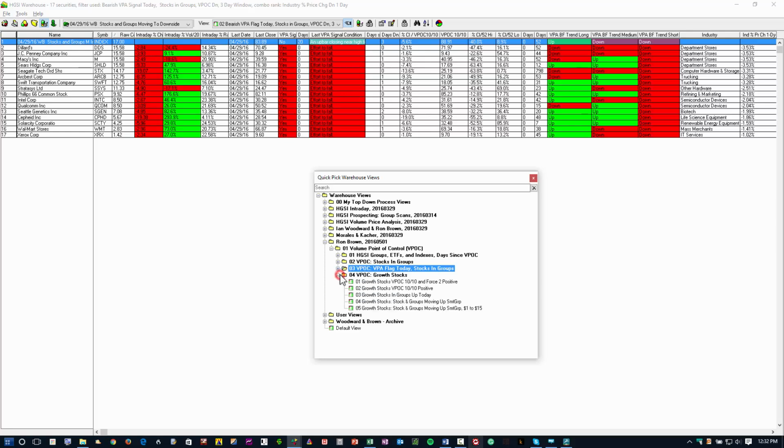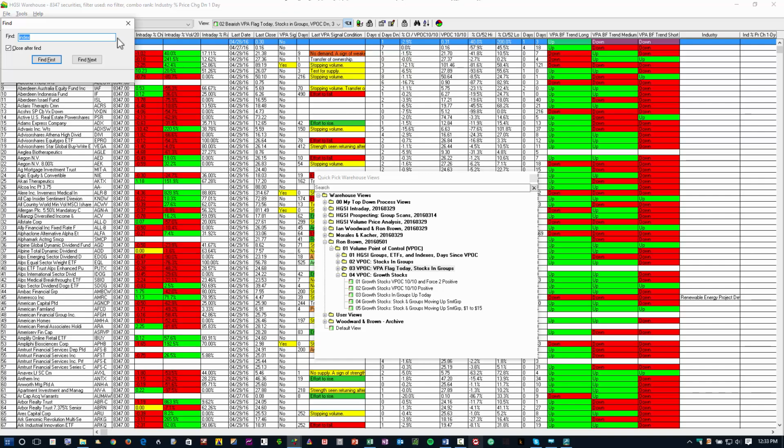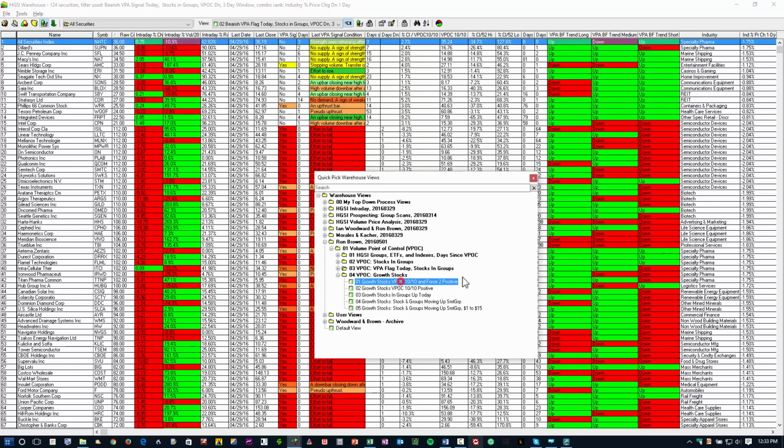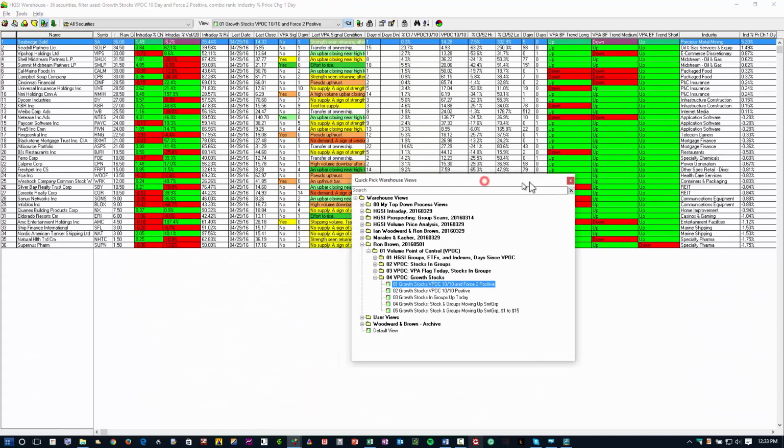And then finally, because I know a lot of you like to look at growth stocks as part of your screening process, especially some of you who are coming over from MarketSmith or thinking about it, I put together some views for you. Now let me go to all securities. I'll hold my alternate key and hit the space bar. I'll reapply the filter, and let me explain these very quickly.